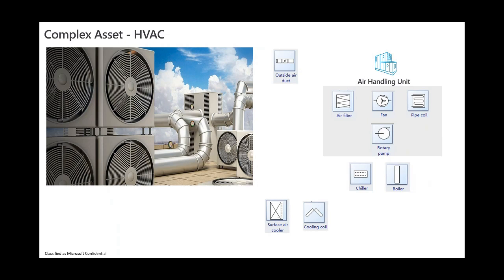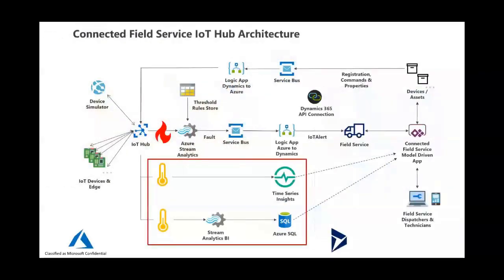So these are some common examples of how connected field service provides data to your organization to enable service actions quickly and effectively. And it's all on top of the connected field service IoT hub architecture, where data is streaming directly from the devices into the connected field service model-driven app and sent directly to field service dispatchers and technicians through the application.